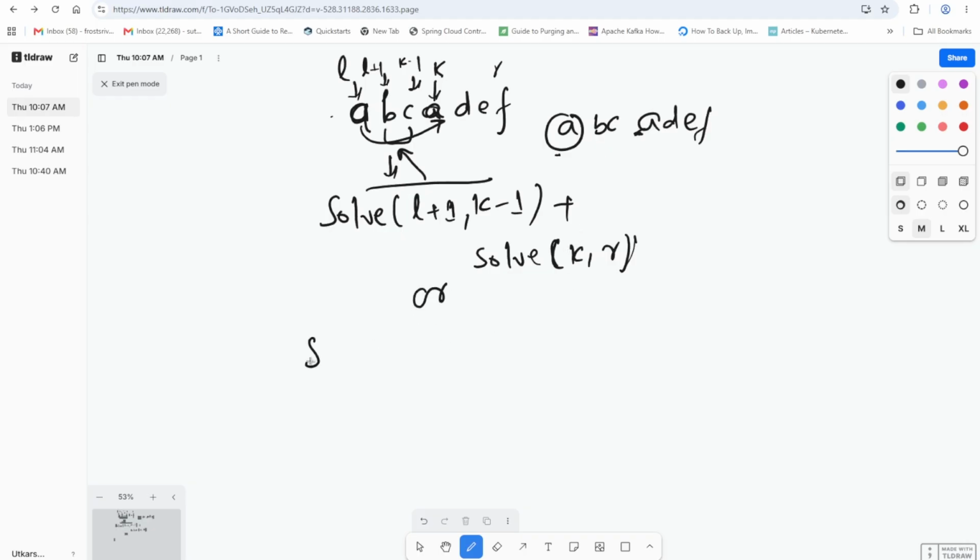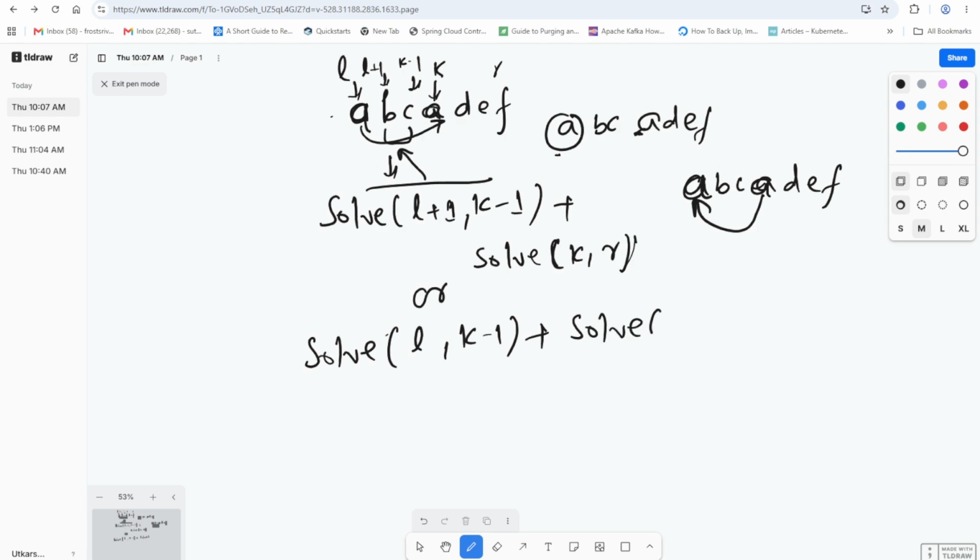So that's why we are printing it this way. Also we can say it like this. Suppose a b c a d e f, if we are printing this a, then we need to exclude this a, because in that case this a will be printed with this a, right? So in that case our call will be from l to k minus 1, plus it will be from k plus 1 to r. This is also true, right?